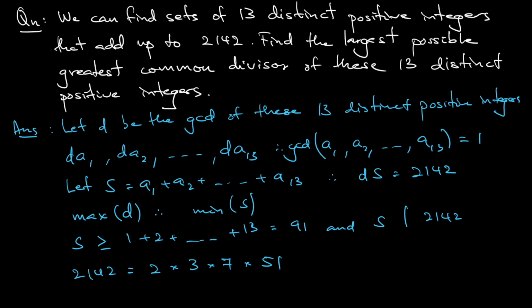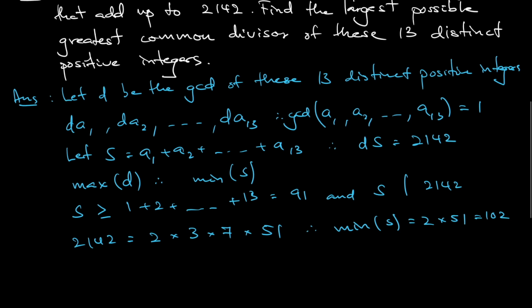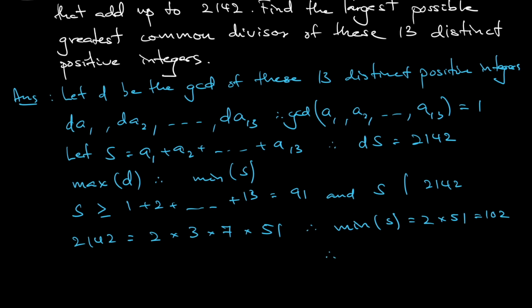So what would that be? The minimum S it can be that is still greater than 91 is 2 multiplied by 51, which is 102. If S is 102, that makes D to be 3 times 7, which is 21. So D is 21.